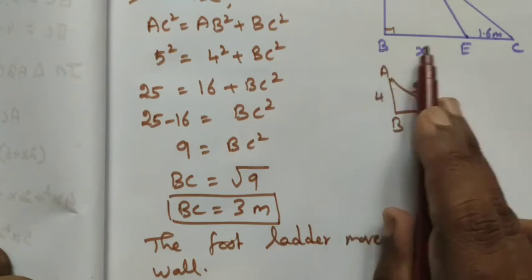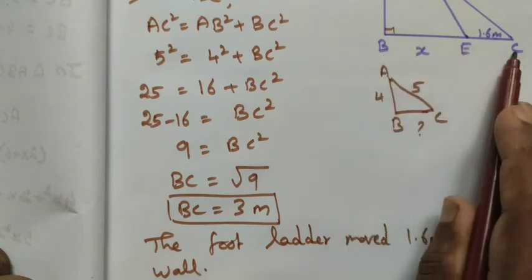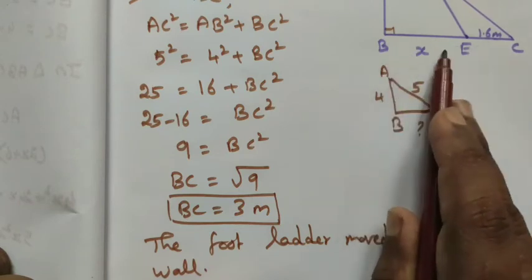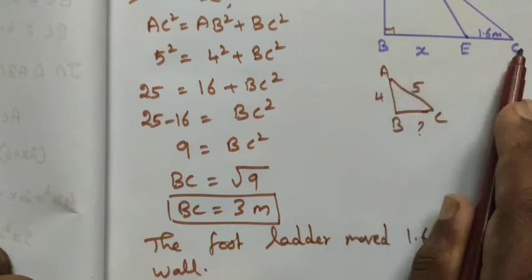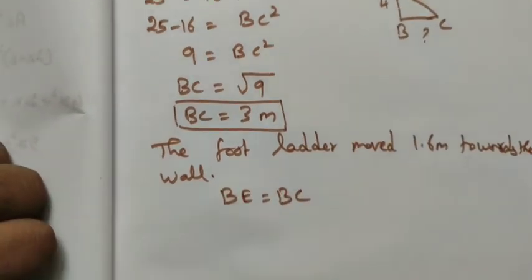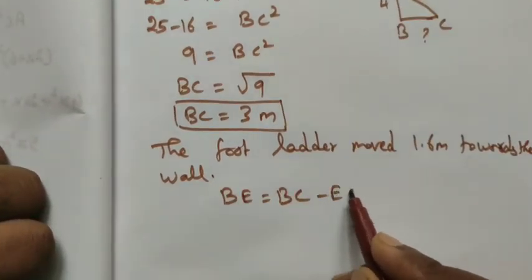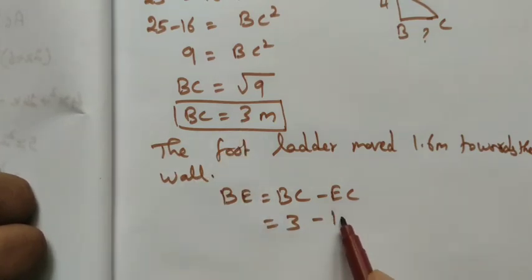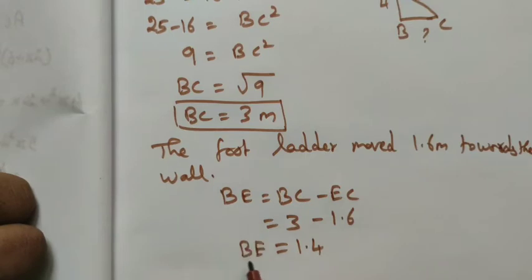We want to find out what is BE. The total BC is 3 meter minus EC is 1.6, that is equal to BE. Total BC minus EC is equal to BE. So BC is 3, EC is given as 1.6, and we subtract, we get 1.4. So the distance of BE is 1.4 meter.